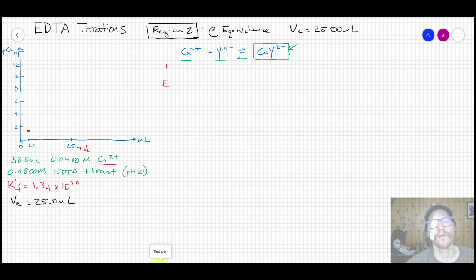We need to figure out what is the initial concentration of the CaY2-. Well, it should be equal to the formal concentration of calcium 2+, except we've added this new volume, so it's going to be diluted a little bit.